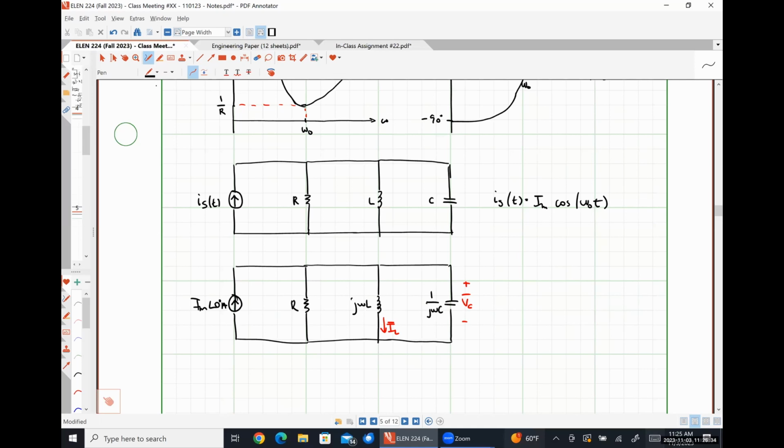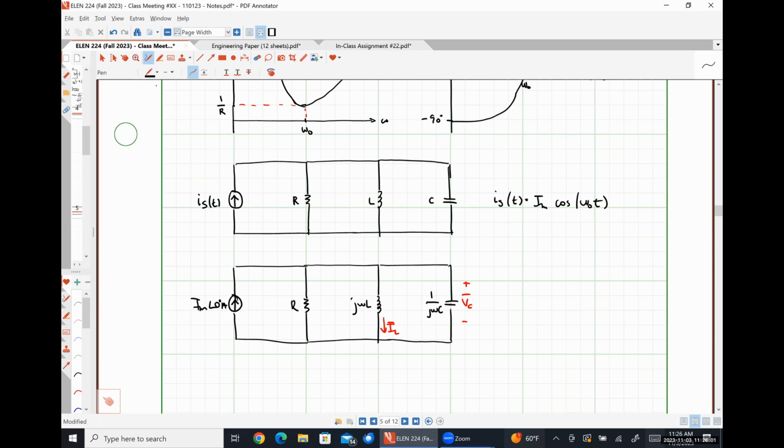So the first thing that we're going to solve for is the voltage drop across our capacitor at resonance, right? So at the resonant frequency, the admittance of our inductor and the admittance of our capacitor completely cancel each other out, which means instead of looking like a short circuit, these guys are going to look like an open circuit. So all of our source current is going to flow through our resistor.